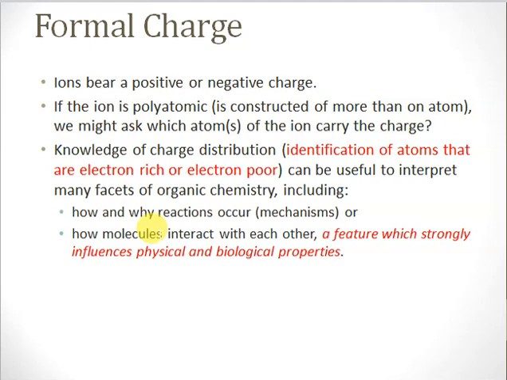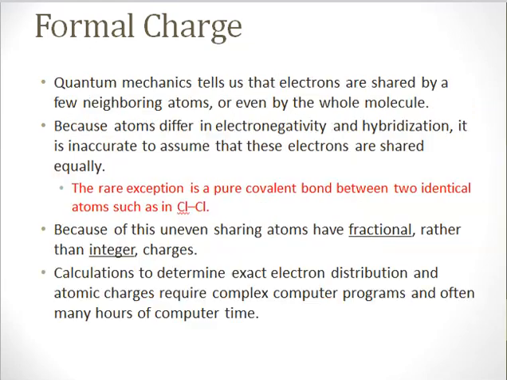These attractions or interactions all depend on electronic charge distribution, right? So it becomes important for us to know which of these atoms has the higher electronic density, or, among a polyatomic ion, which atom is the bearer of charge, which atom carries the charge, right?